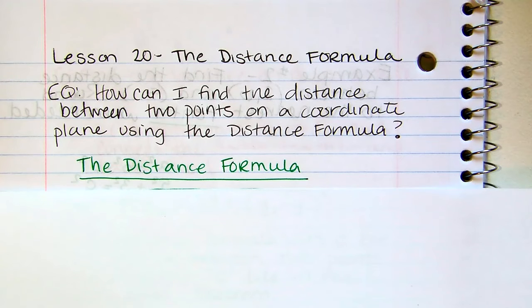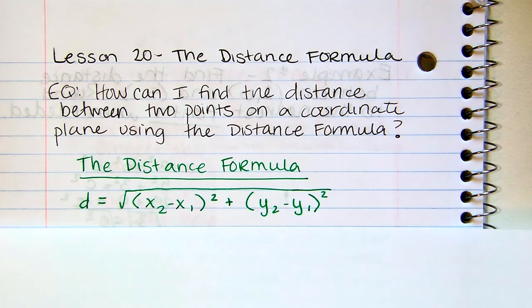Now, the distance formula is going to be your best friend for this unit, so I would highly recommend that you rewrite this formula on your lesson. D for distance is equal to the square root of x2 minus x1 in parentheses squared plus y2 minus y1 in parentheses squared.